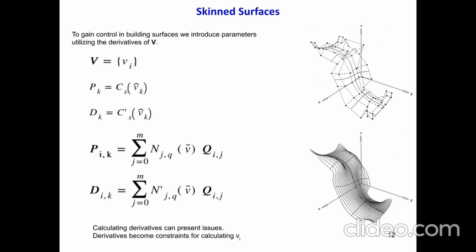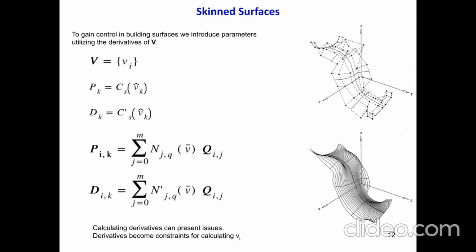This is an example here of using the derivatives, which I call vector v here, and you can see there's some calculations. So the derivatives provide constraints for calculating our surface, thereby gaining a little more control over what the surface is going to look like.